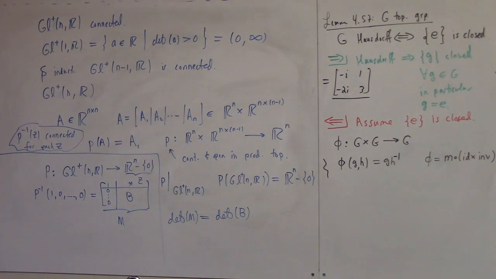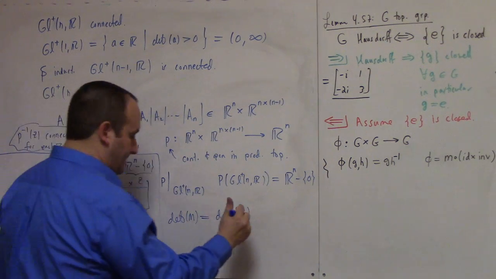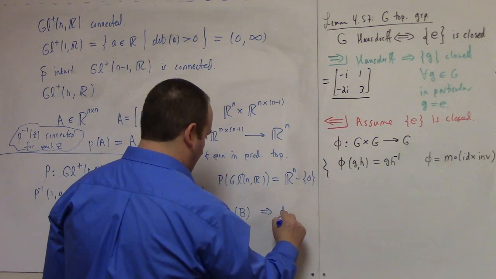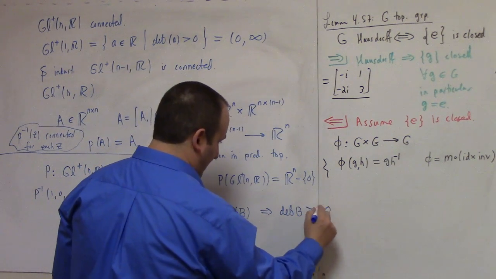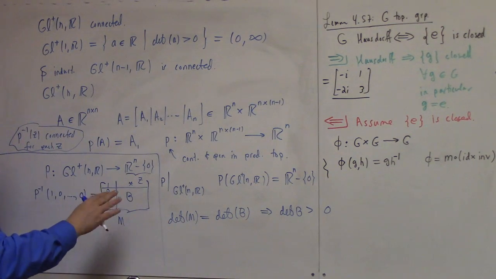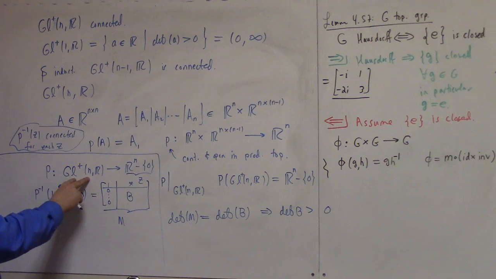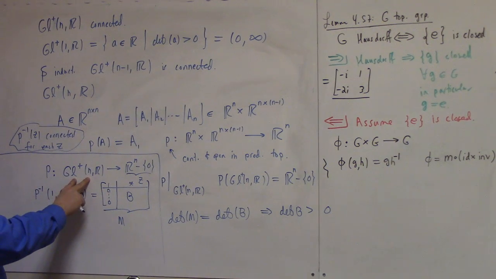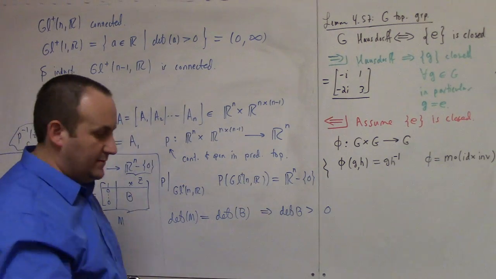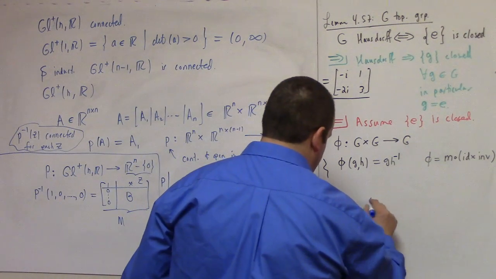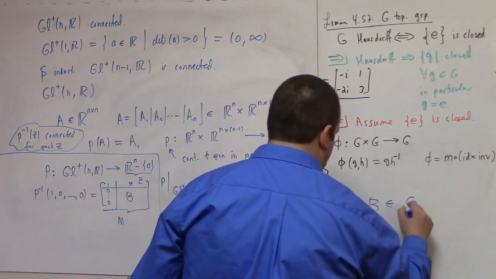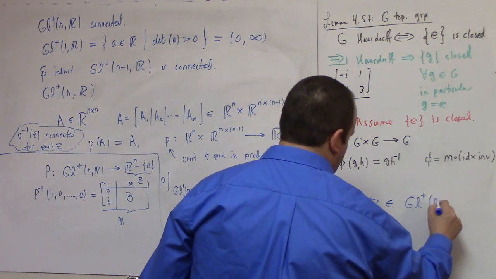With that, it becomes clear that B is what? M is in here, so it has positive determinant. Consequently, the determinant of B must be positive. Consequently, B is an element of GL plus n minus 1.